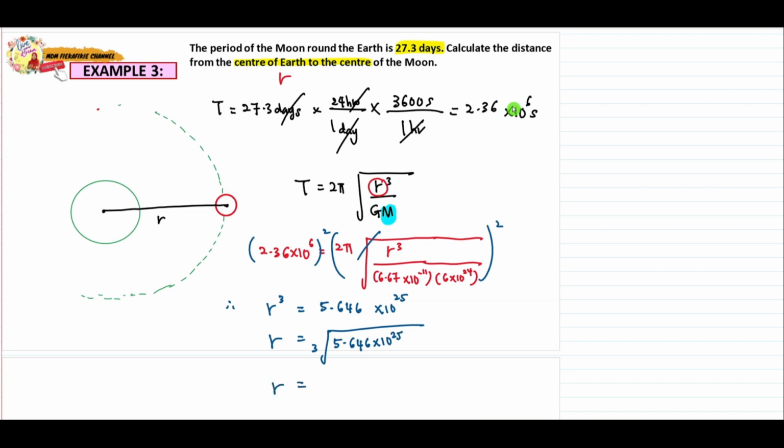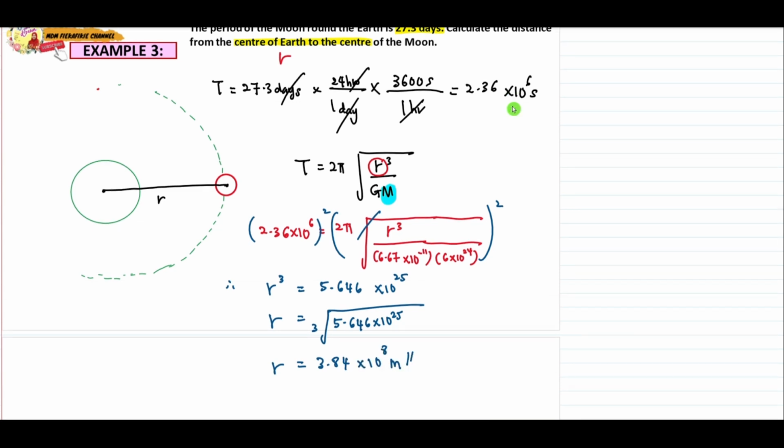And finally R, which is the distance from the center of the earth to the center of the moon, is equal to 3.84 times 10 power of 8 meter. Very easy, right? Okay, finish example number 3.